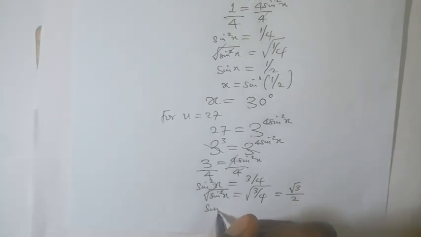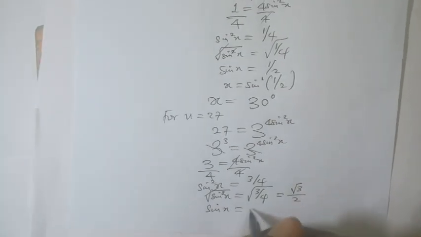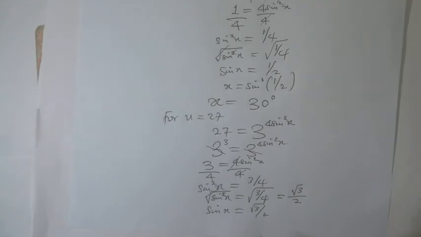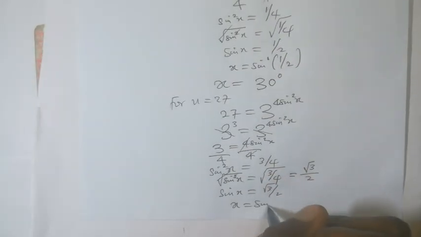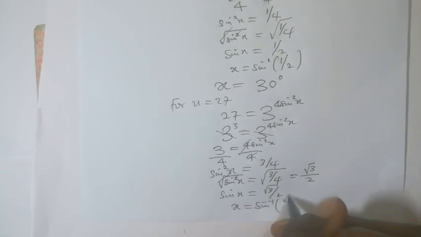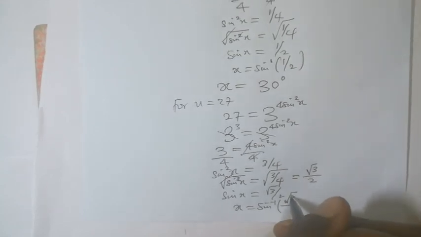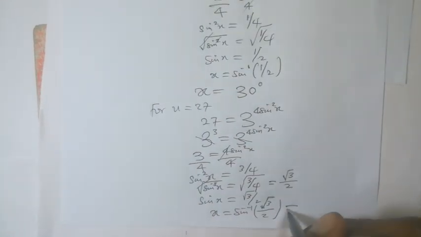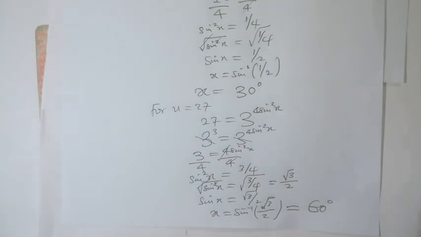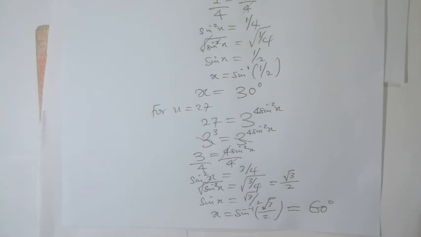So we now have sine x is equal to square root of 3 over 2. You get it? So our x is now going to be what? Sine inverse of square root of 3 all over 2, which is going to give us what? 60 degrees. So the values of x are what? 30 degrees and what? 60 degrees.